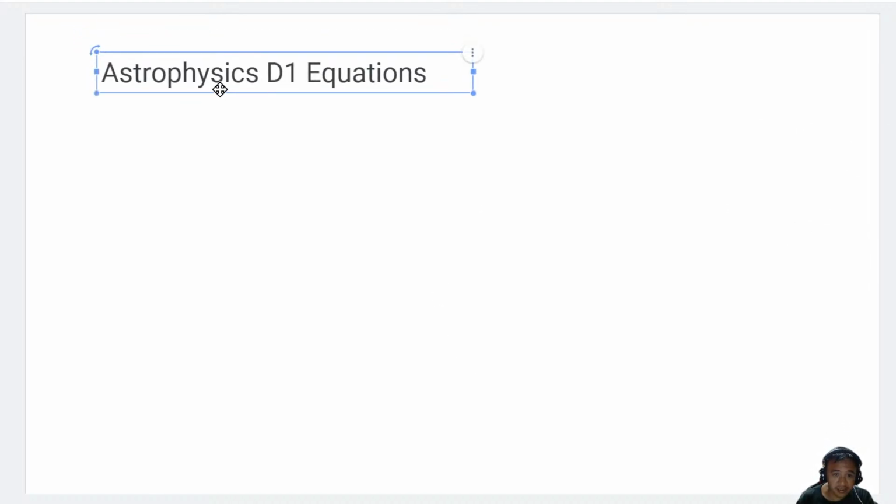All right, so anyway, since we're dealing with the equations for astrophysics, according to the data booklet that we have here, the IB Physics data booklet, just take a look at the three equations we have in the data booklet for D1.